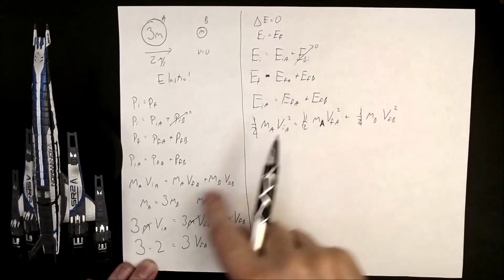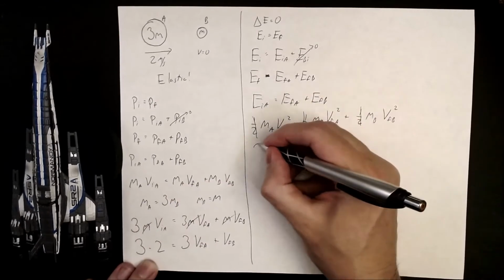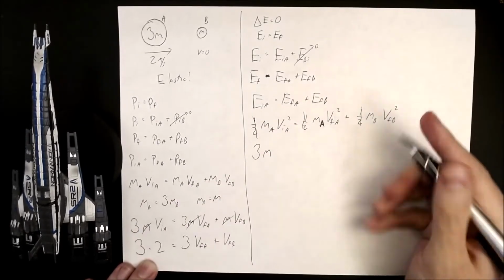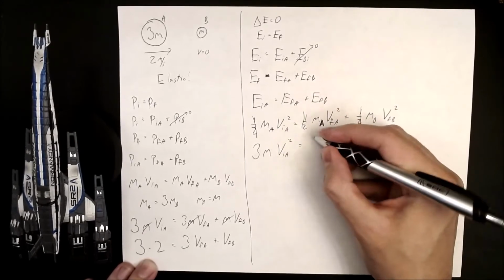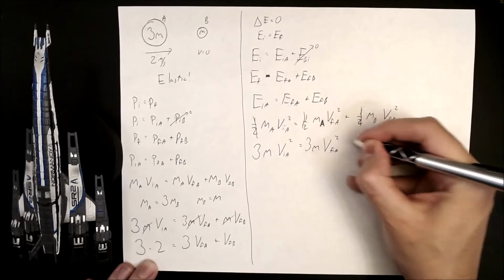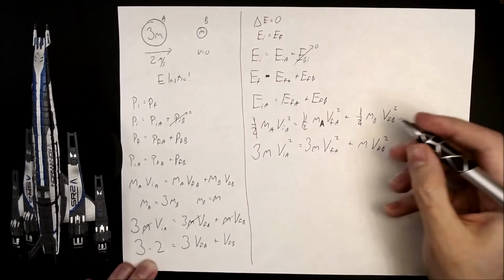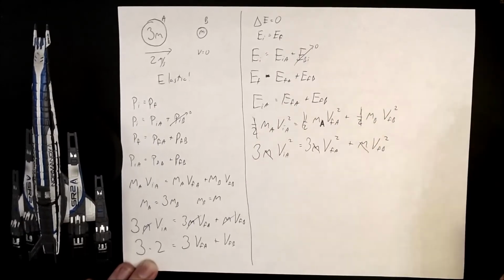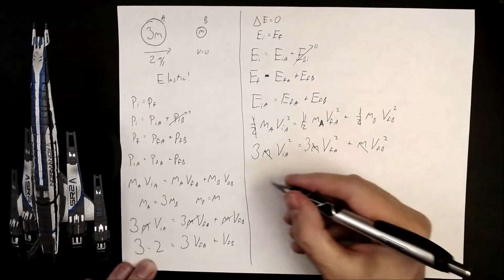The 1/2s go away because there's 1 in every single term. And we can replace the mA with 3 mB, 3 m's. v initial A squared is equal to 3m v final A squared plus m v final B squared. The m's go away again, and then we can replace the v initial A with 2.